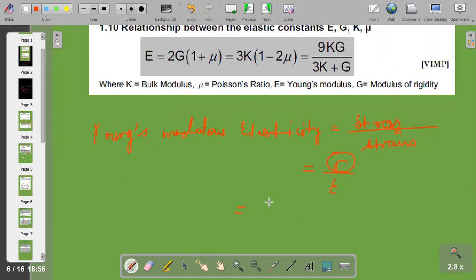Stress means force per unit area, P by A. And strain is delta L by L. This is called the Young's modulus of elasticity, denoted by E. Clear about the formula?